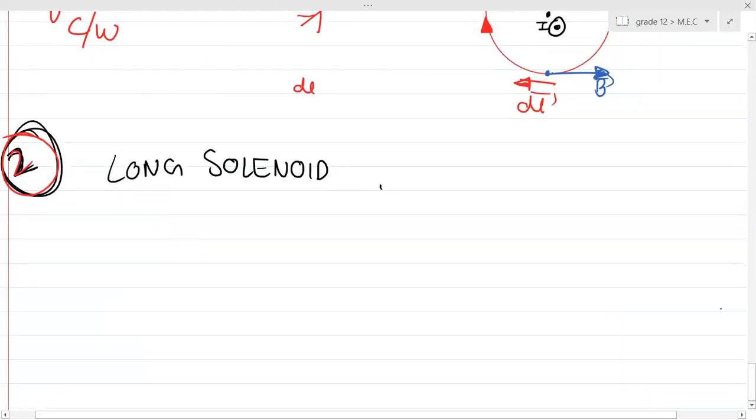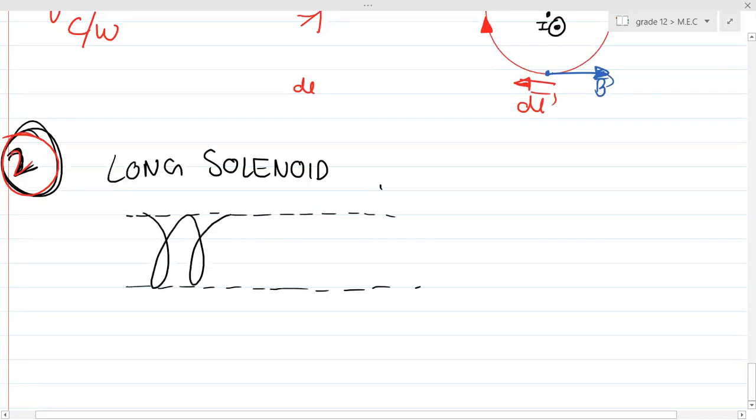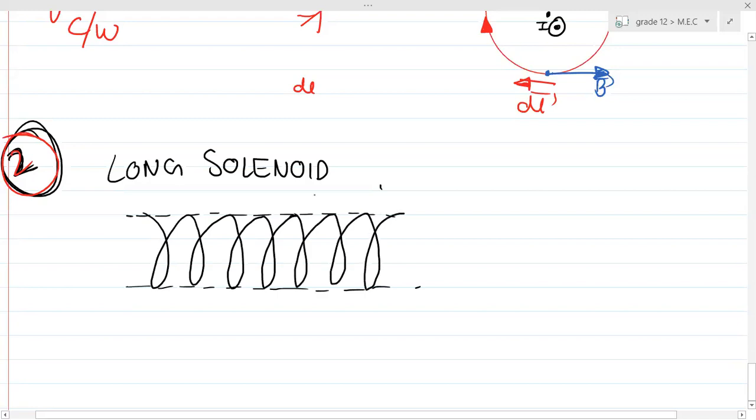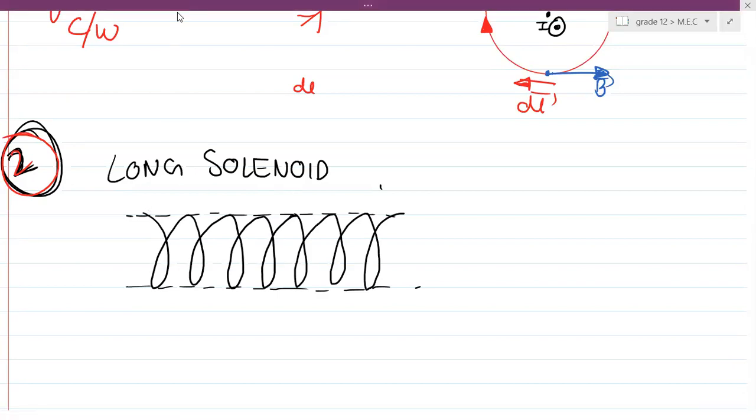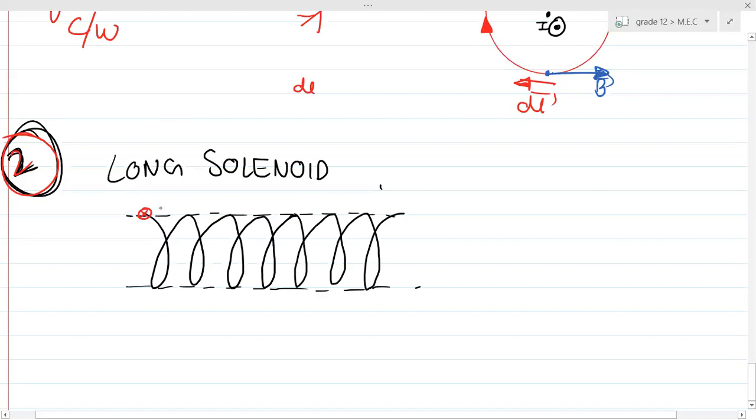Whenever you have a long solenoid, suppose this is the axis of the solenoid. Let us assume that the current is going into the plane and coming out of the plane from it.